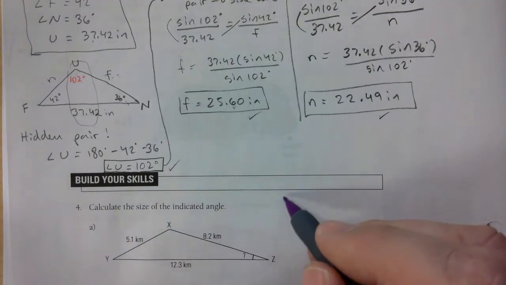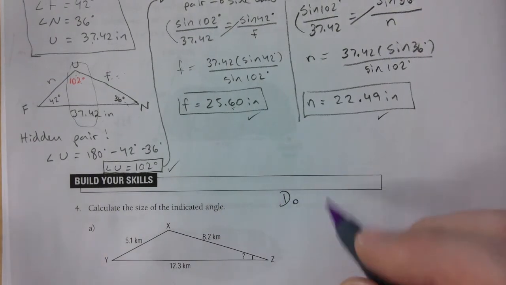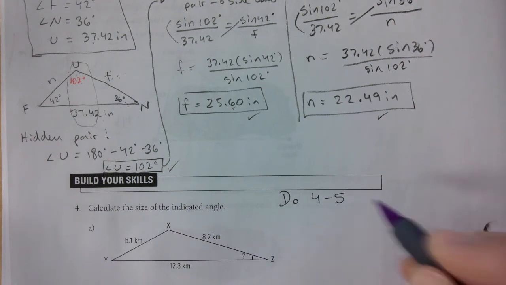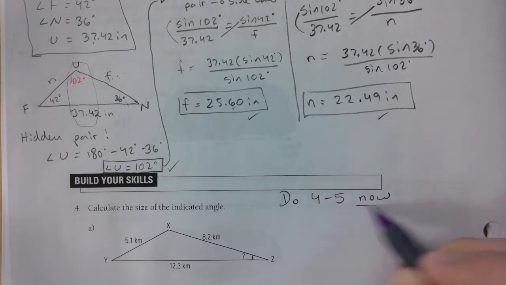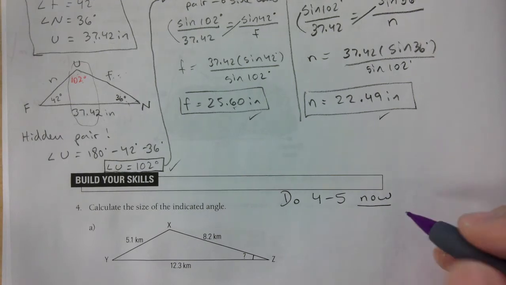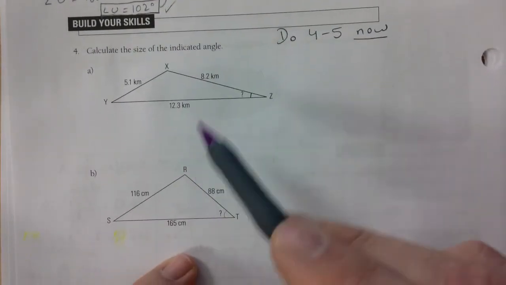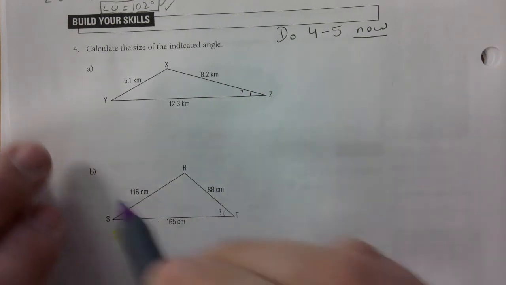Okay. Do 4 to 5 now. I want you to solve for these here, for 4a and b. I want you to solve the triangle.